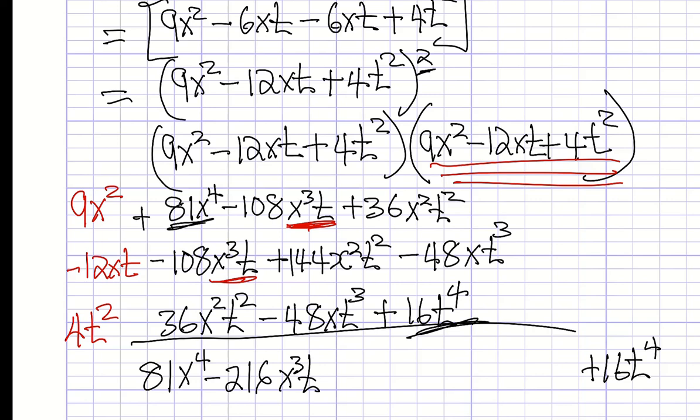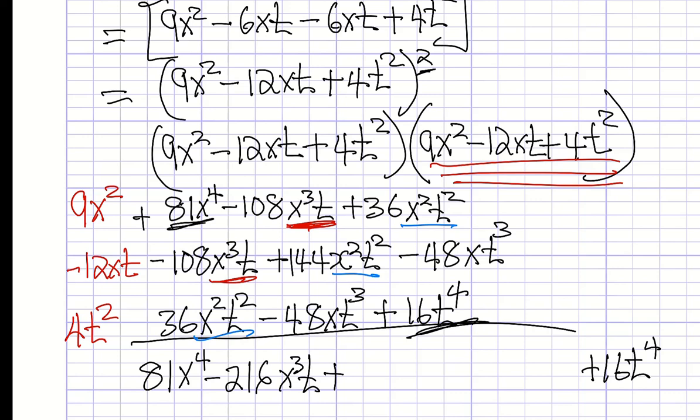We'll try this one here. We look for the exponents. Look at that, and look at that. So we'll add that up. What do we get? It's going to be positive. We'll add all those three up. Okay.